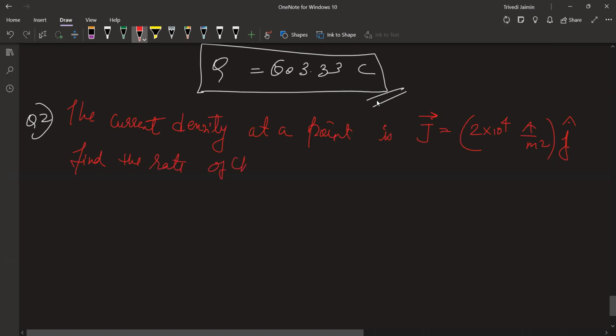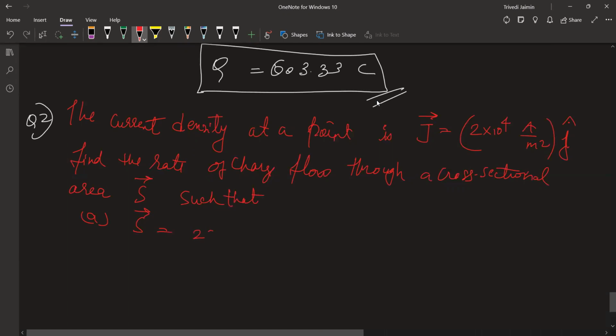Find the rate of charge flow through a cross sectional area S such that, A: S equals 2 centimeter square J cap.